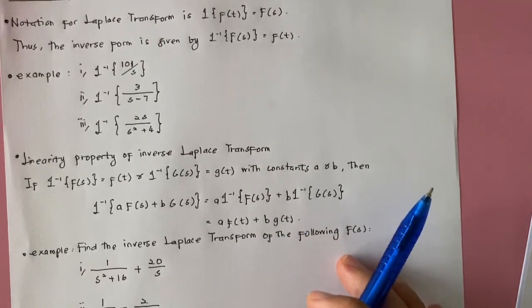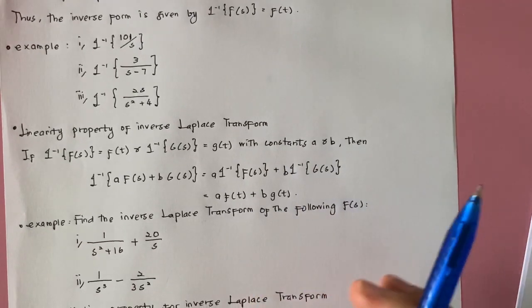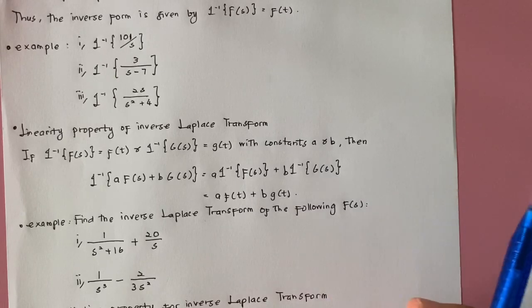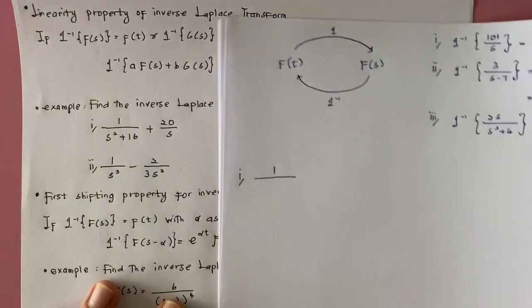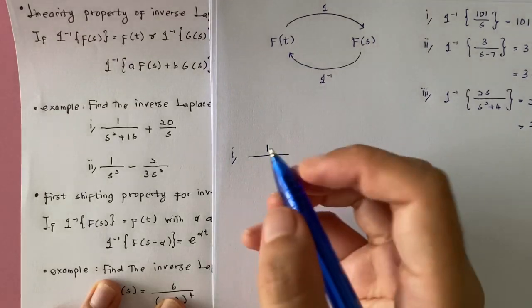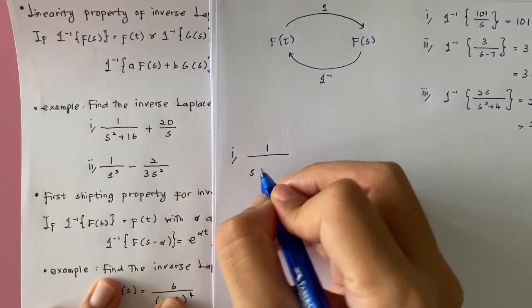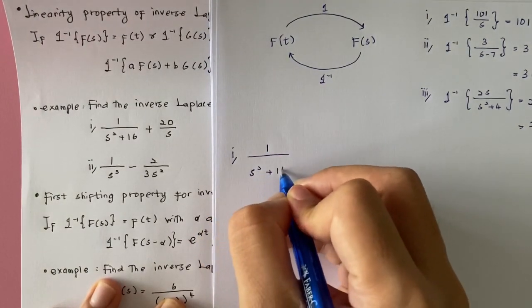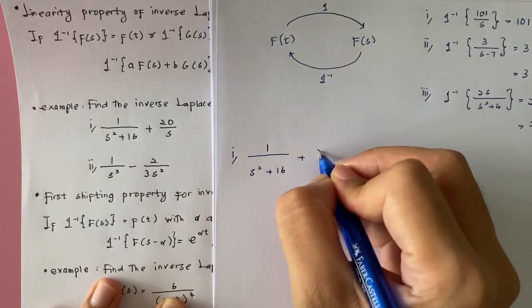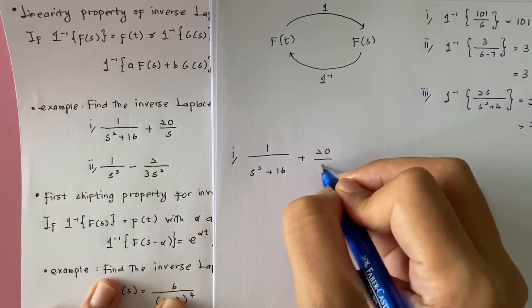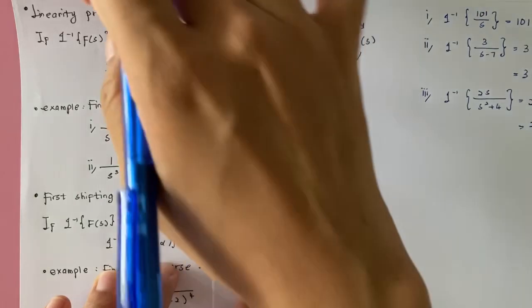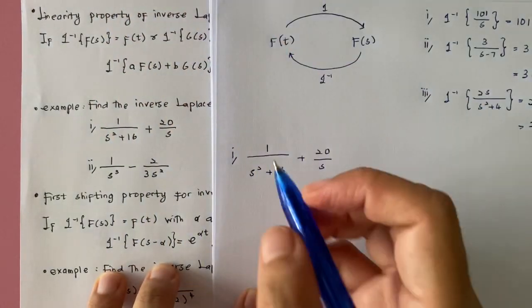For the examples, we have two examples here. For the first example, we have 1 over s squared plus 16, plus 20 over s. So you have plus here.